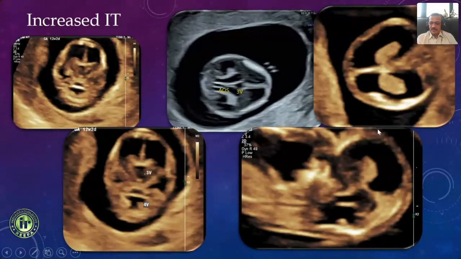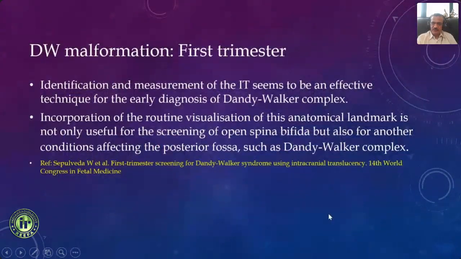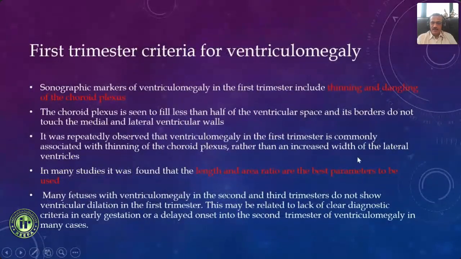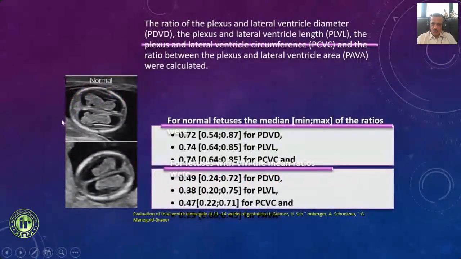Another very important thing here is that in the first trimester, we are seeing ventriculomegaly. There are no well-defined criteria for ventriculomegaly, but people have taken various measurements like the length ratio and area ratio of the choroid plexus to the ventricles, as well as to the BPD. Ravi Shaw has done that.